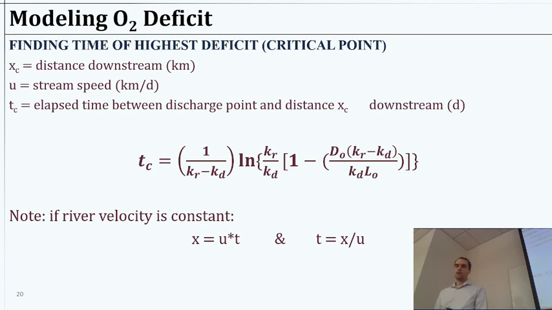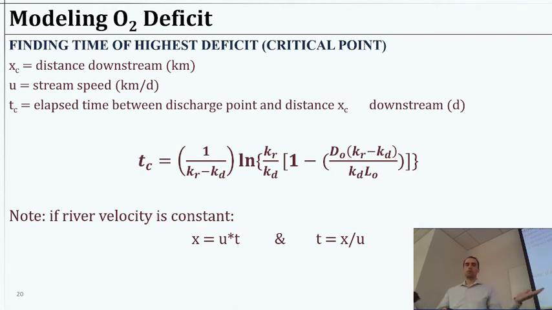And distance is related to the time based on the speed, so we can interchange between those two pretty easily, assuming the river velocity is constant. If the stream channel changes, but it changes consistently, like it widens but gets more shallow when it does, the flow rate should remain the same.